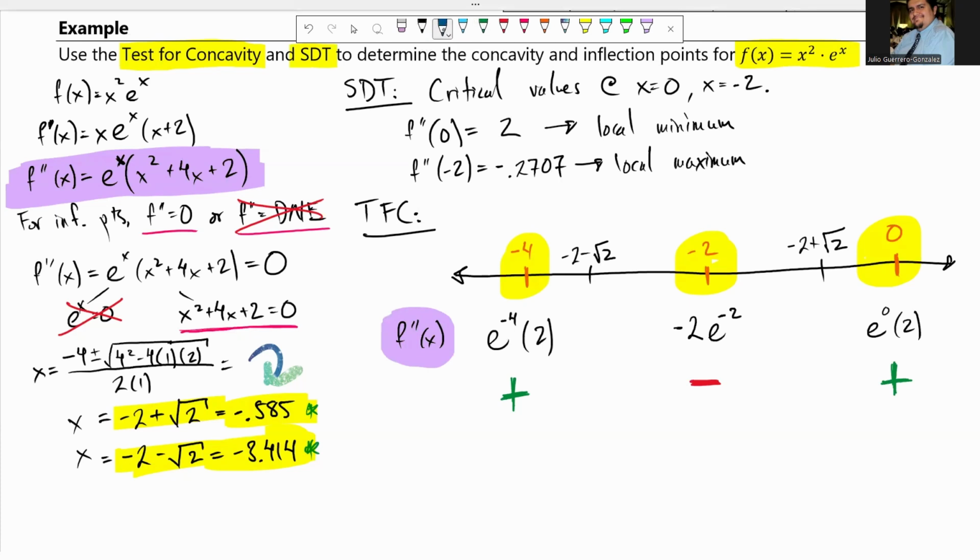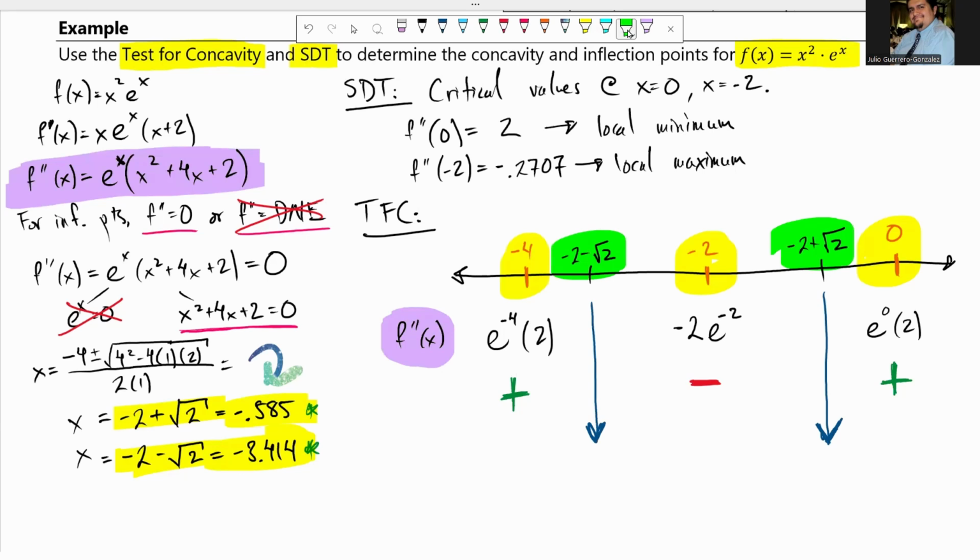Now, just like I did before, I'm going to grab my inflection points and start analyzing this. We know that these points right here are where our concavity is going to change.